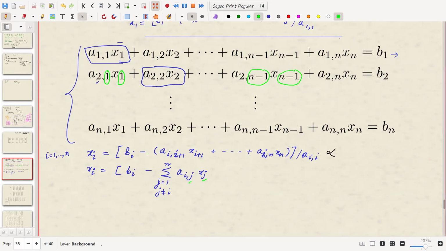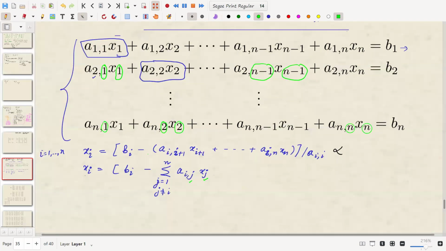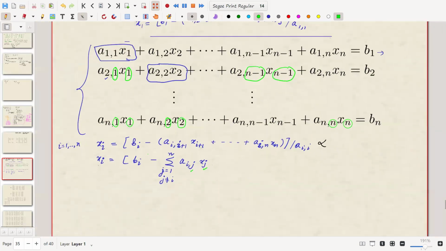Any pattern you take, this second component is equal to the same. Even here, same. Isn't it? So a_ij into xj. So here the second component is j and second component is j, as usual with other terms.